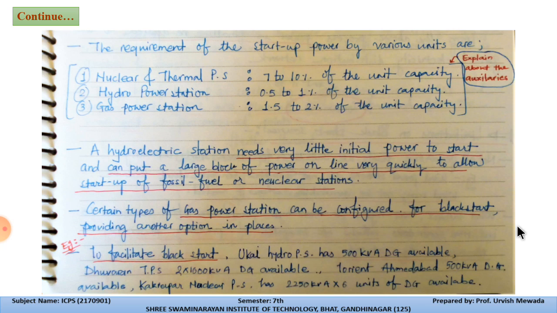For the Torrent Ahmedabad, 500 kVA is the capacity of DG available, and Kakrapar nuclear power station has 2250 kVA, 6 units of DGs are available for the black start. So these are the mandatory requirements of any generating station for the black start.